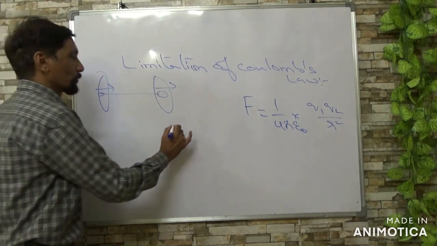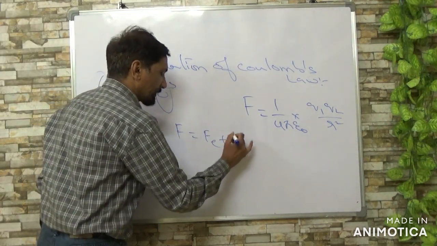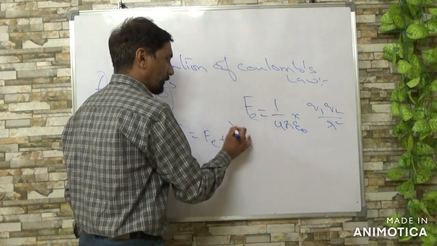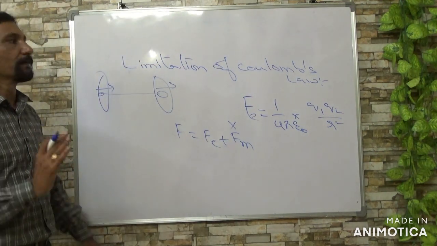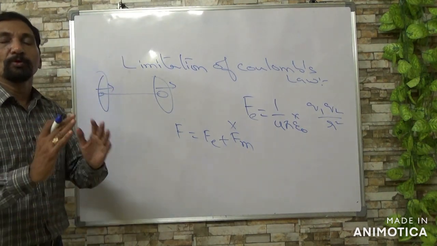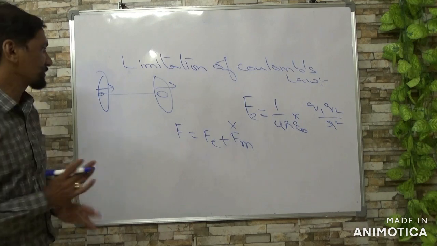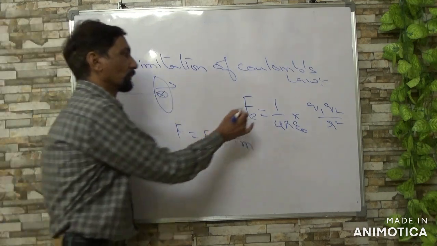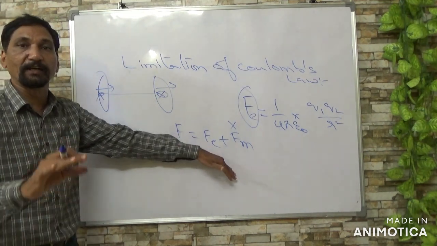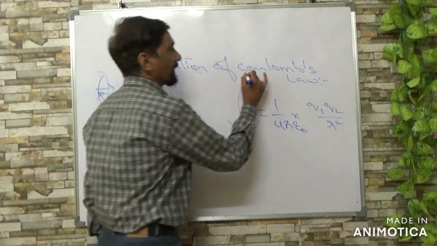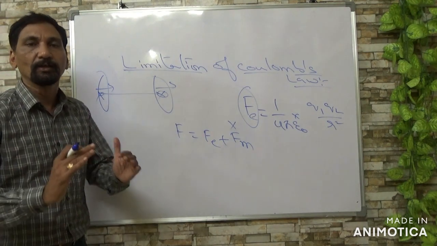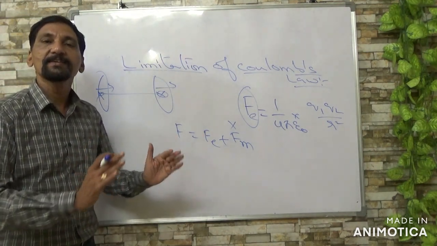Then the force is due to both electric and magnetic, but we are finding only the electric part. That is why the force between 2 point charges is known only when the charges are at rest. If charges are not moving, there is only an electric field. If charges are moving, a magnetic field will also act. So what is the limitation of Coulomb's law? The force between 2 point charges can be found only when the charges are at rest.